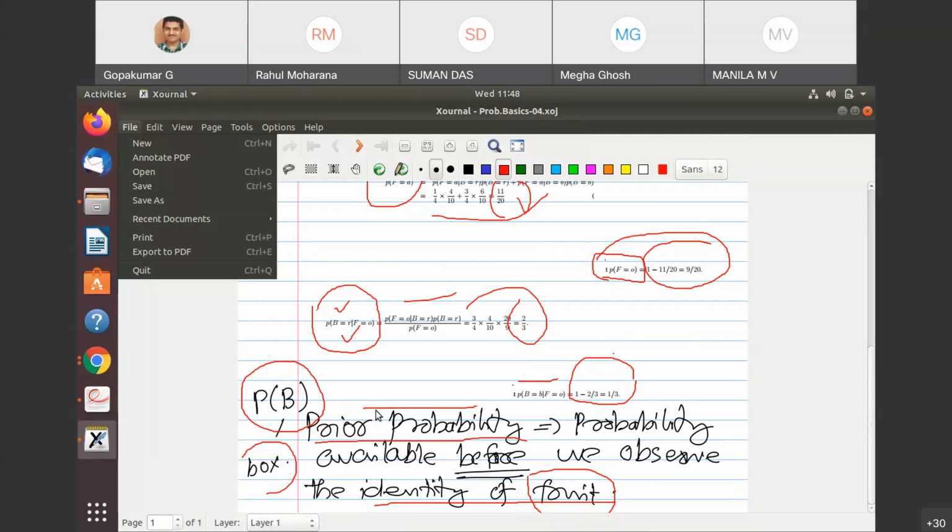Or in the case of a disease, a domain expert knows this is a probability, a rough value from domain knowledge, or from the available data you can calculate the prior probability. So that is the concept of prior probability.